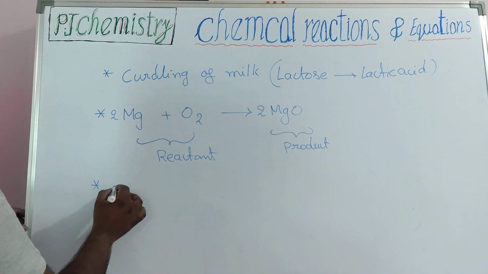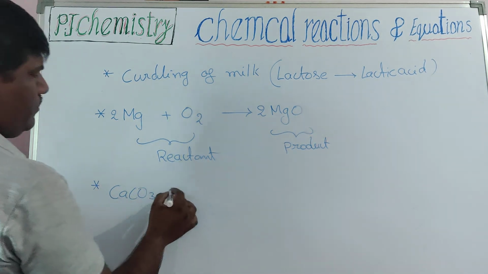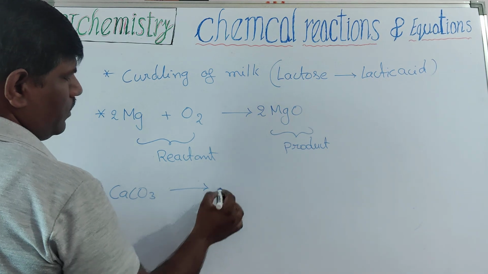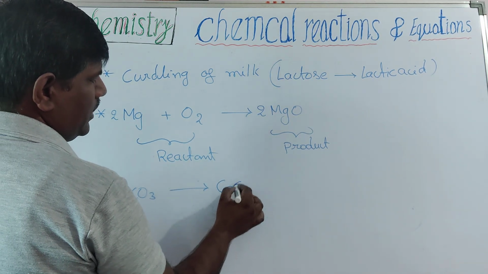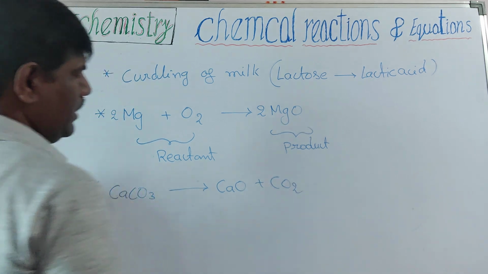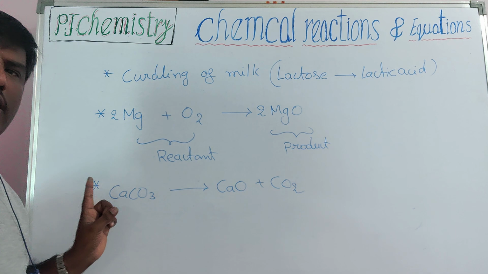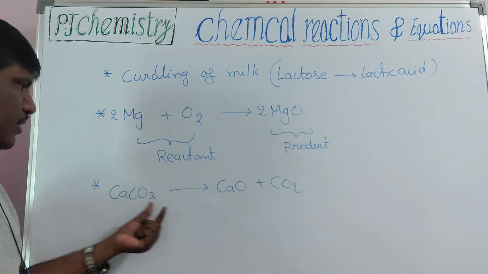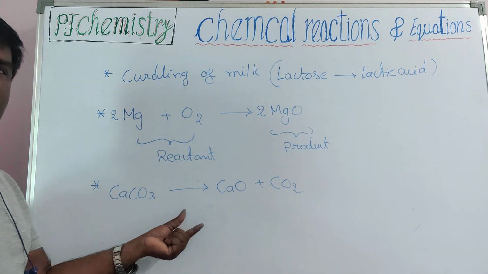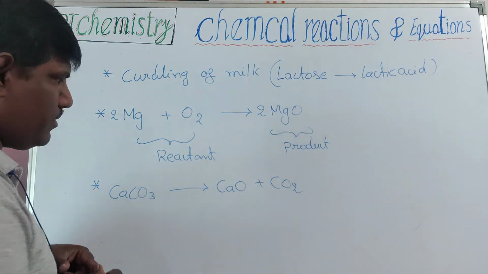Next, for example, CaCO3 gives rise to CaO plus CO2. If it is in an open container, it is only an irreversible reaction. This is calcium carbonate decomposition. If you take it in a closed container, it will act as a reversible reaction also.